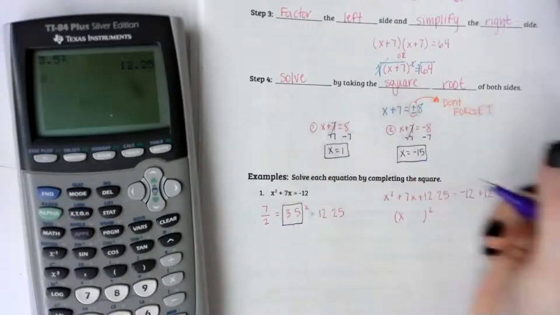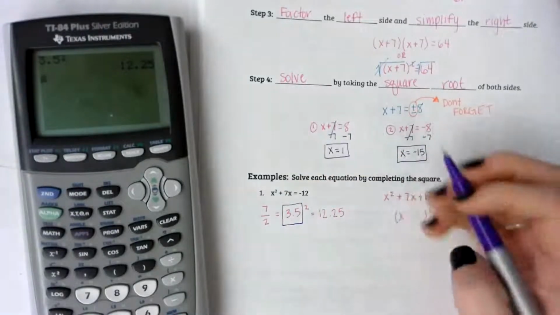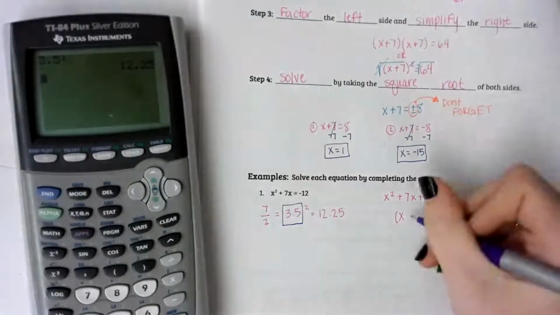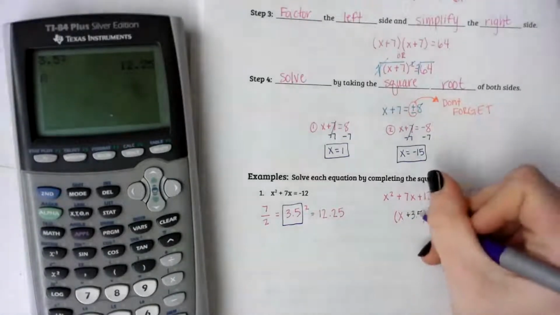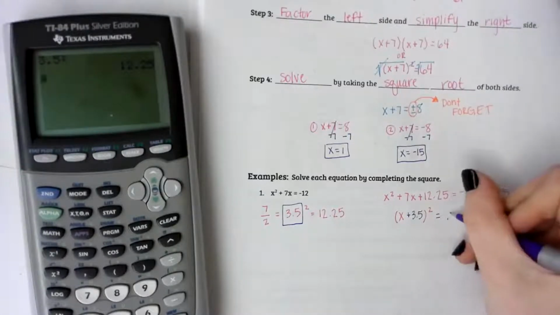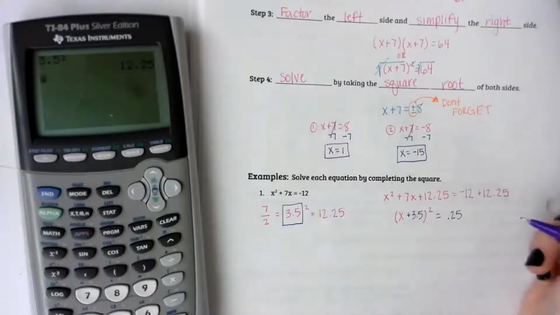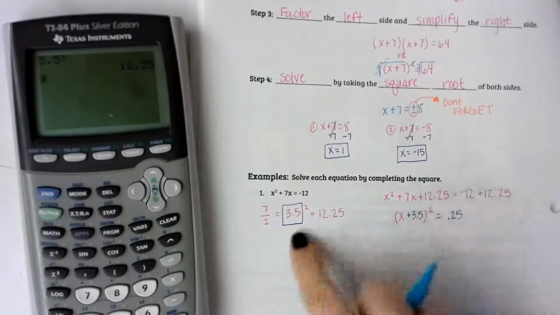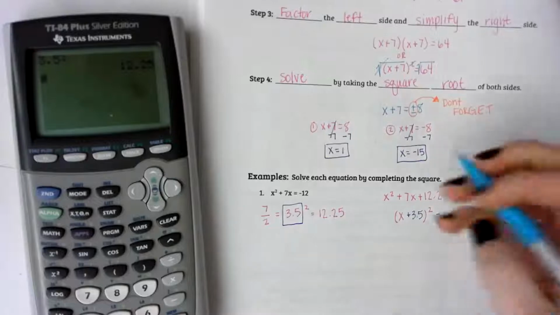So your b divided by 2. So that's 3.5. So because the 3.5 is positive, this is going to be plus 3.5 equals 0.25. So that's just a little cheat for you.